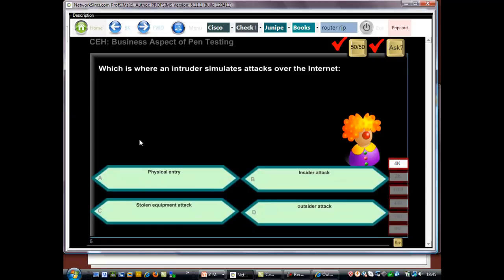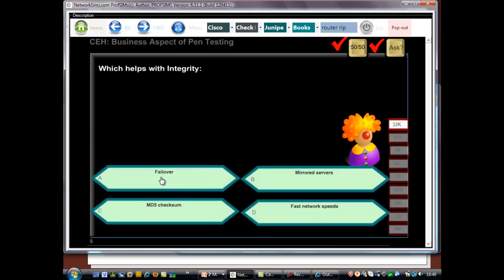Which is where an intruder simulates attacks over the internet? Sounds like an outsider attack, which could target obtaining equipment in order to gain privileged information. So let's go for stolen equipment attack. So level 2 assessment: level 1 is high level, and then level 2 is network evaluation followed by pen testing. So let's go for network evaluation. What helps with integrity?